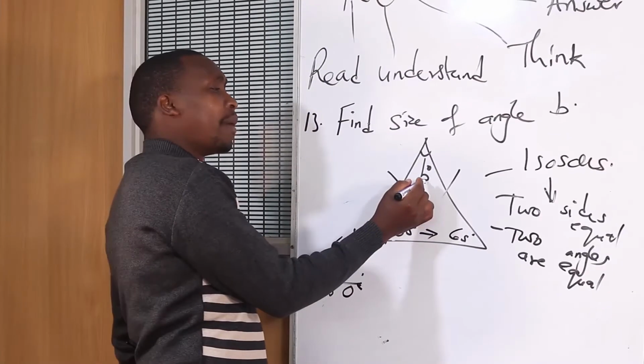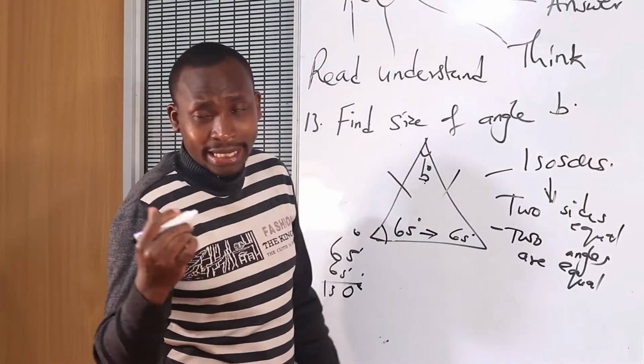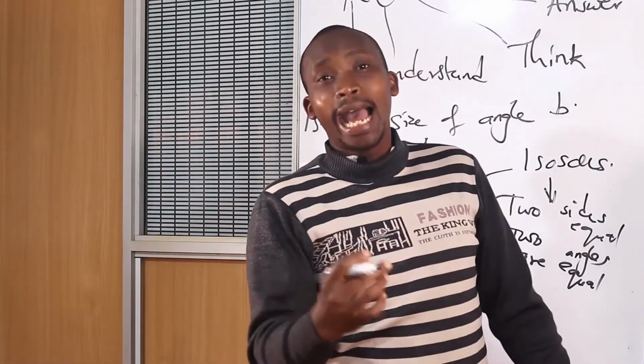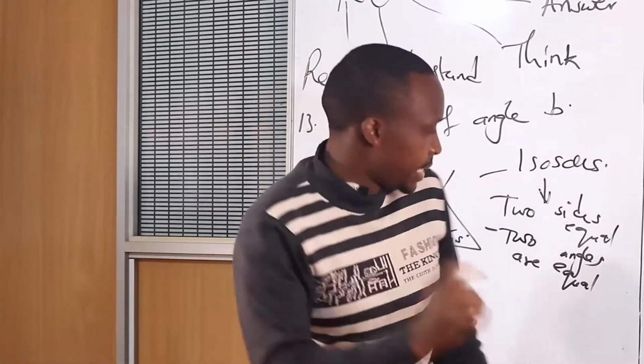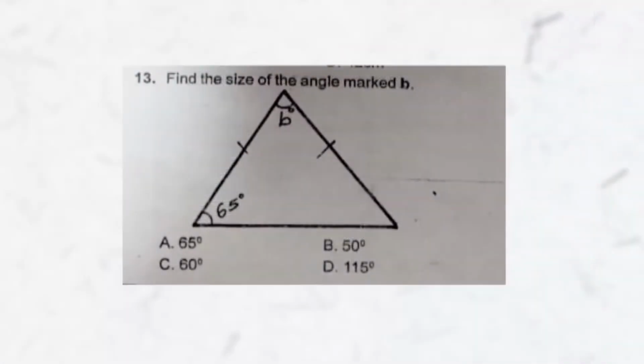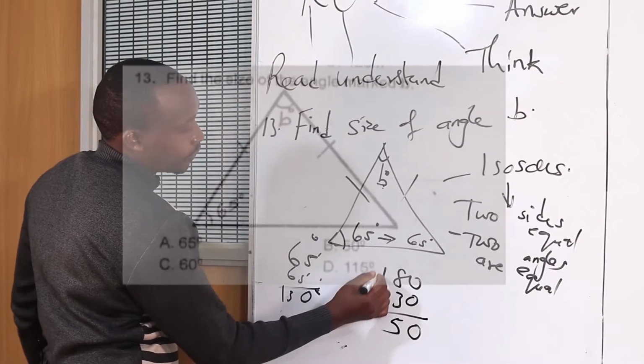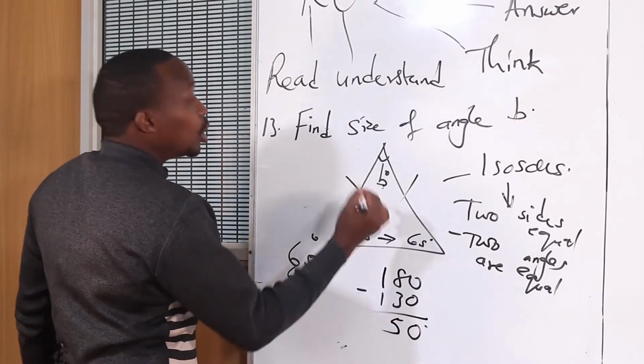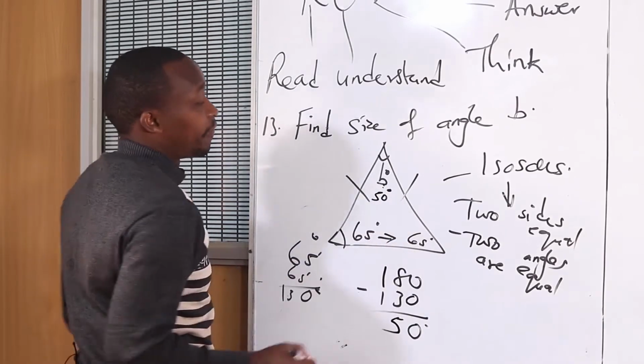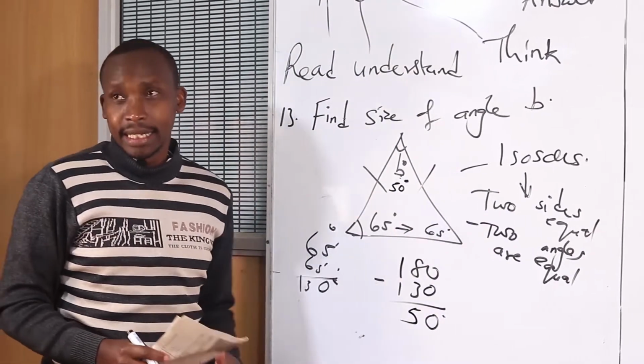Now, what are you supposed to do? Because all angles in a triangle must add up to 180 degrees, you must say 180 minus 130. 8 minus 3 is what? 5. 1 minus 1 is 0. So, our B qualifies to be 50 degrees.